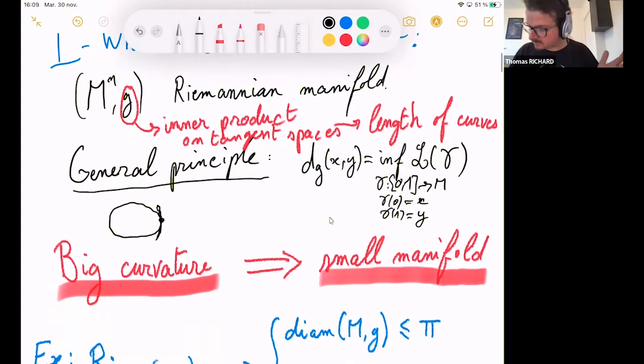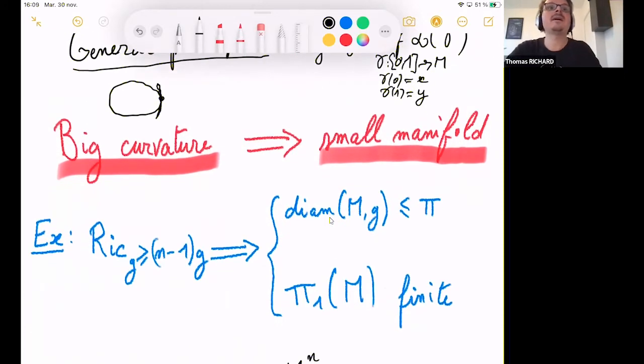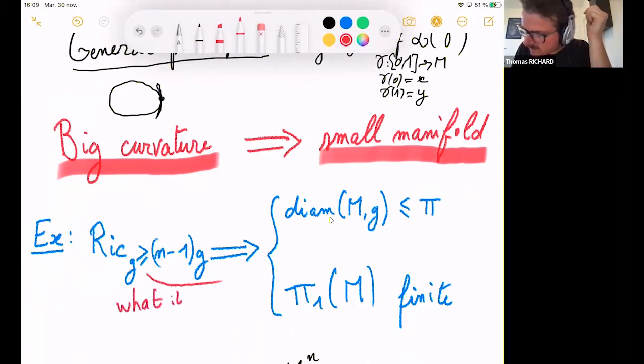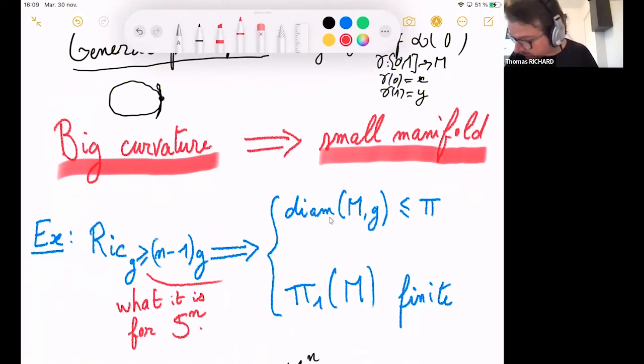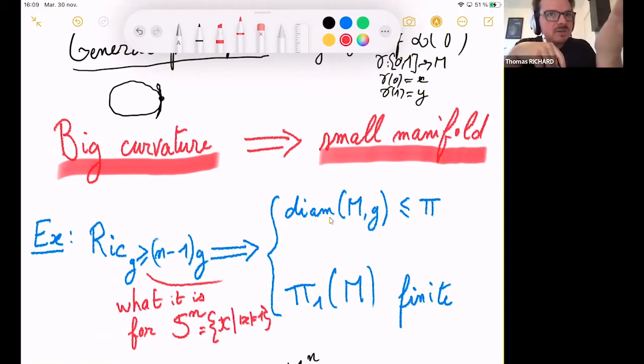For this notion, if the Ricci curvature is bigger than (n-1)g, and this is what it is for the sphere of dimension n, the set of x in R^n such that the norm of x is equal to 1, the round radius 1 sphere, then there are several implications. If the Ricci curvature is bigger than the Ricci curvature of the sphere, I will just put two of them here.